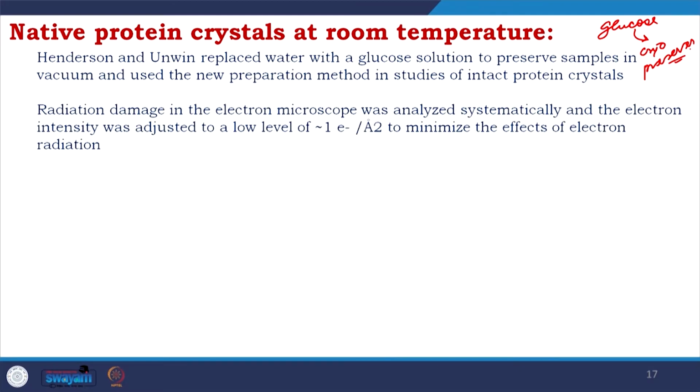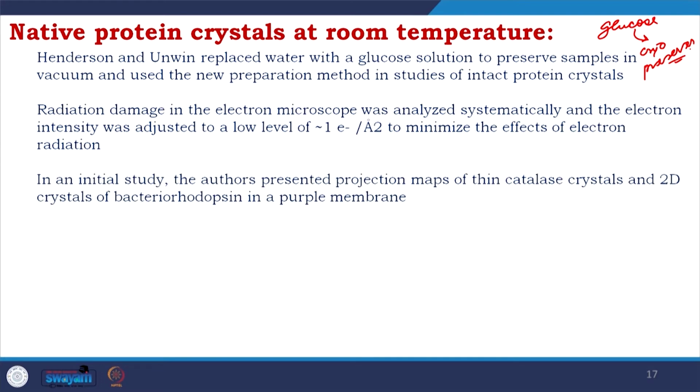Radiation damage in the electron microscope was analyzed systematically, and the electron intensity was adjusted to a low level to minimize the effect of electron radiation. In an initial study, the authors presented projection maps of thin catalyst crystal and 2D crystals of bacteriorhodopsin in the purple membrane. If you do not remember, 2D crystals are protein crystals that grow flat, as I talked about.